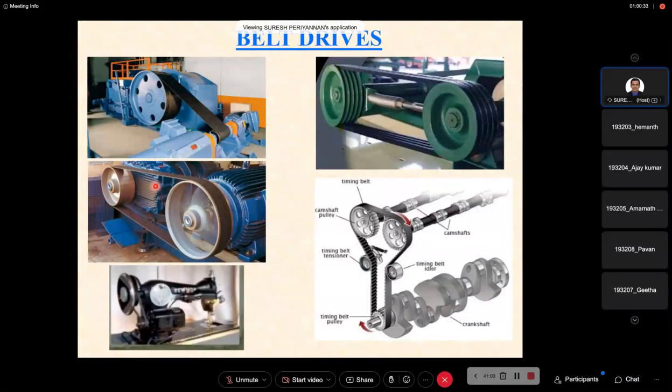You might have studied the idler pulley, used to adjust the slack side and tight side tension for transmitting power. In the V belt we are not using an idler pulley. These are the advantages of the V belt. And what are the disadvantages of the V belt? Let's see a few points, then we go to the types of cross section of the belt.